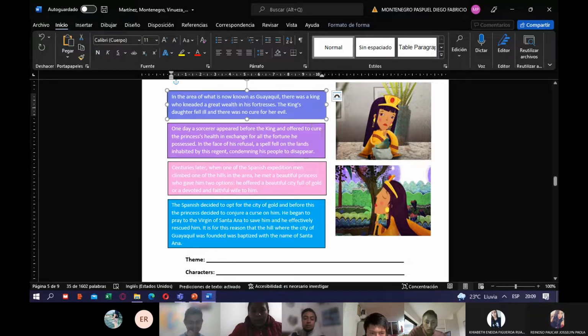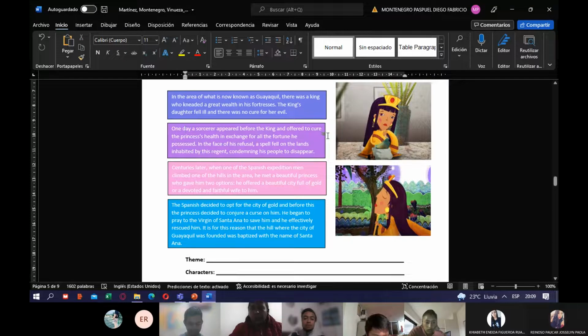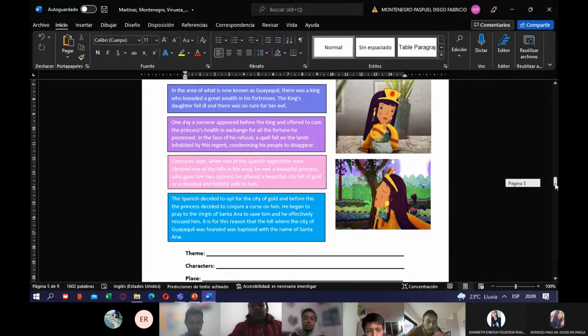Okay. The light blue is the last one. Okay. This is our legend organized right now, and then we are going to move to the next part of this activity.